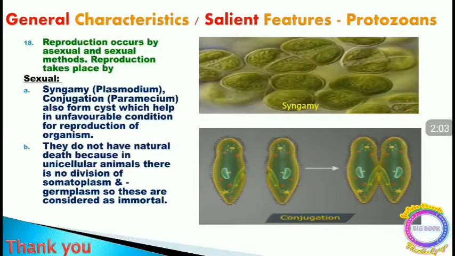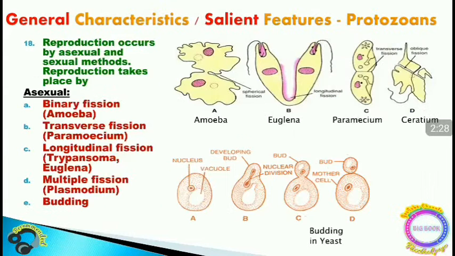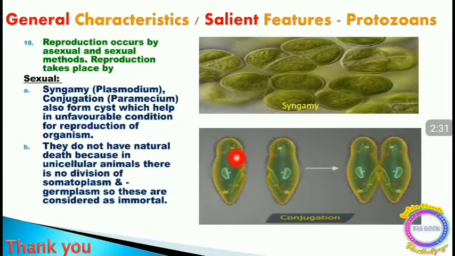So these organisms are immortal, and they don't have death, because they divide to give rise to two new offspring, instead of giving birth to offspring and dying as multicellular organisms do. Within unicellular organisms, they are the immortal ones, where they divide themselves to give rise to two new offspring.